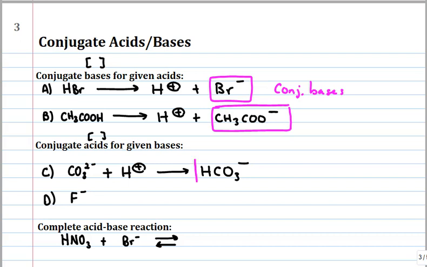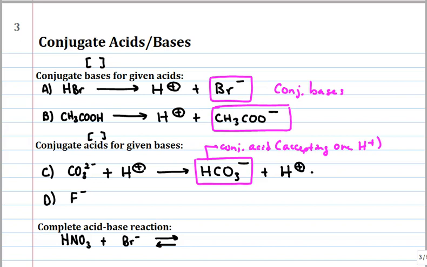This is the conjugate acid after accepting 1 proton, or 1 hydrogen ion. Because what we know is that now this can pick up another hydrogen ion. And if it does that, you're now going to get H2CO3.